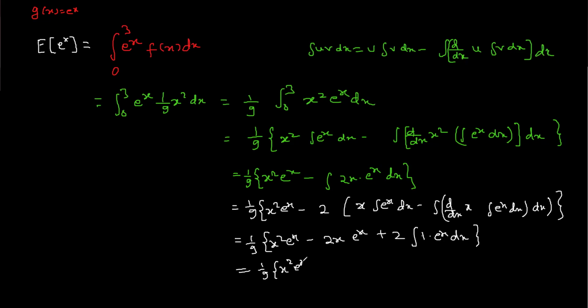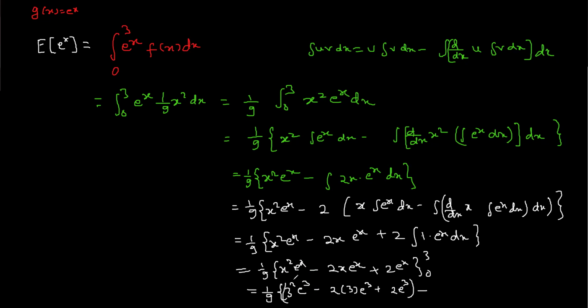The limit goes from 0 to 3. When you put 3, it becomes 3 square e3, 2 into e3, e3.